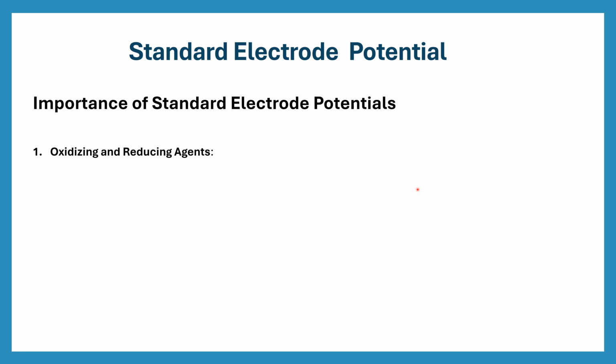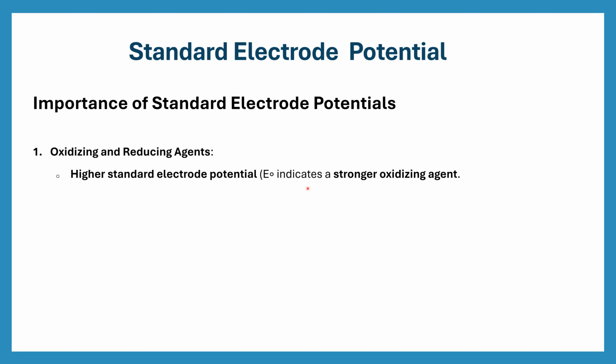The first point relates to identifying the oxidizing and reducing agent based on standard electrode potential. A higher value of E naught means the species is a stronger oxidizing agent. It really wants to gain electrons and get reduced.